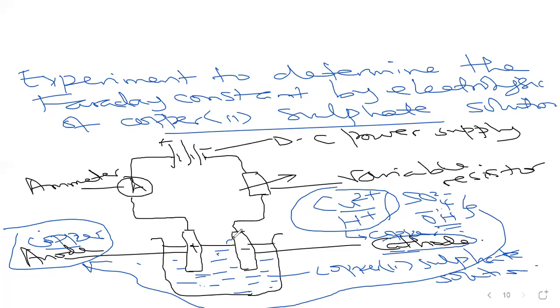We shall have a layer of copper getting deposited here, and the anode will go on decreasing in size as it is dissolving. So we shall measure the mass of copper deposited here and the amount of electric current used, which is measured by the ammeter, and use Faraday's laws, which I've already seen, to get the Faraday's constant.